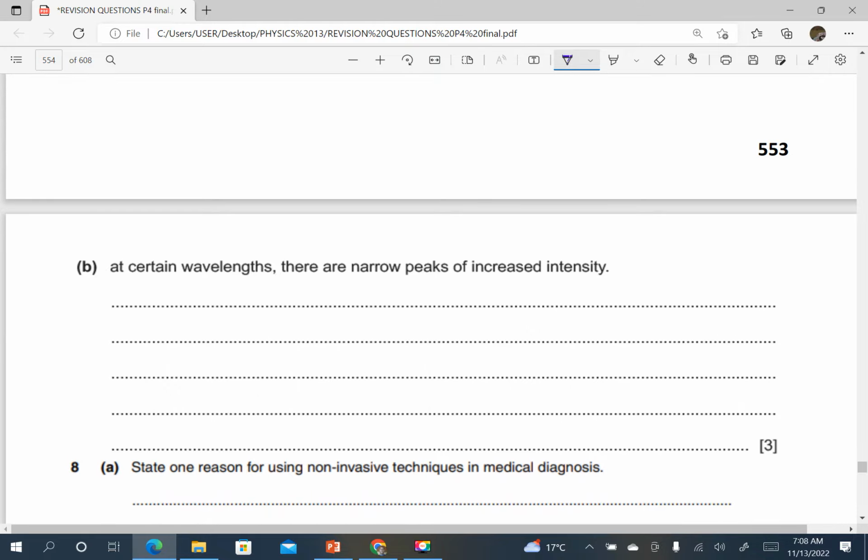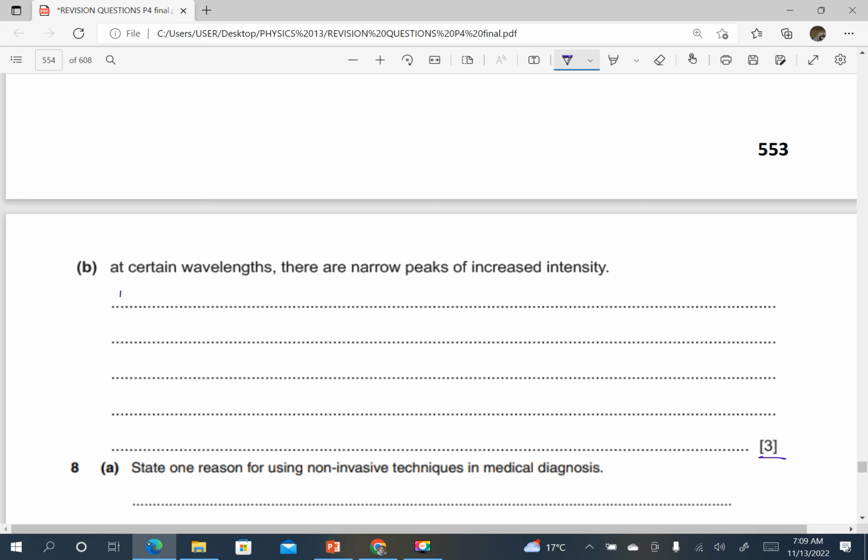Remember, these narrow peaks were as a result of electron transition, but since these are 3 marks, we now have to explain in detail. These correspond to an electron in the inner shell of the target, which is excited on collision, and on de-excitation, the electron emits a photon. Since there only exist discrete energy levels of electrons, discrete photon wavelengths are emitted.